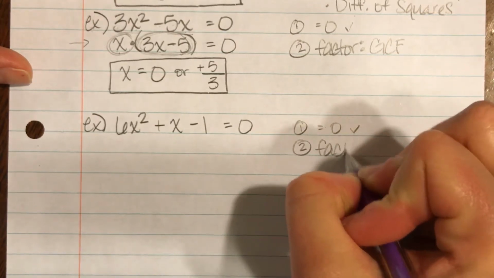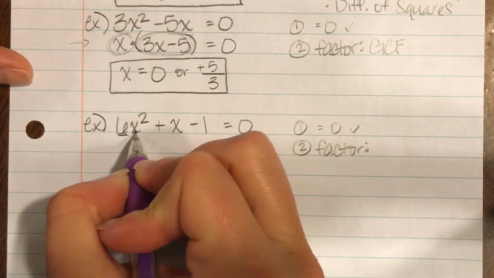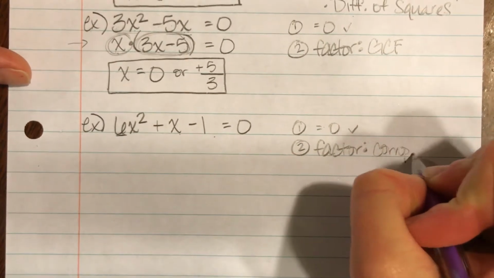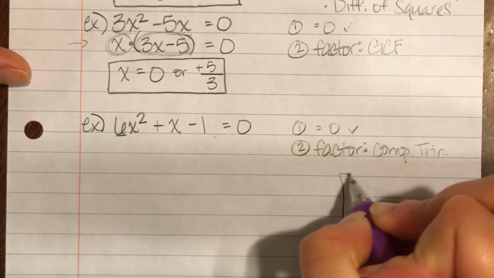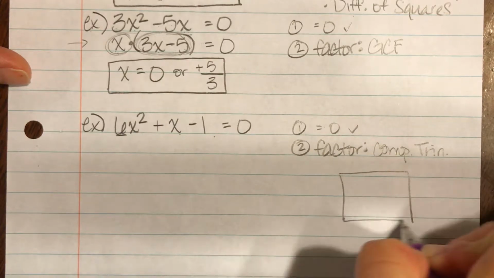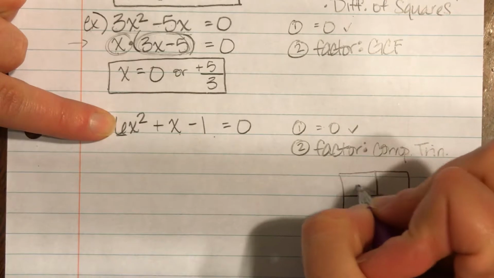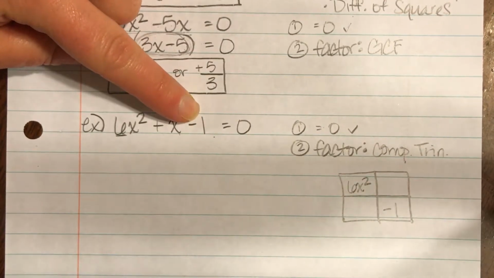When I factor, this one is a complicated trinomial. It follows that trinomial pattern, but it is complicated. So I'm just going to come out here to the side, use some scratch area to set up my box. The first term goes in the first box. The last term goes in the last box.